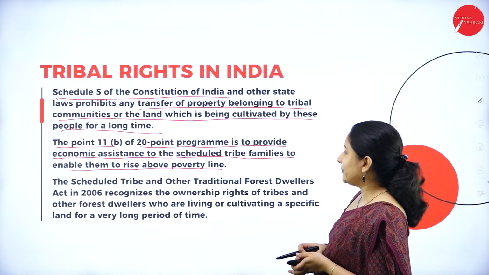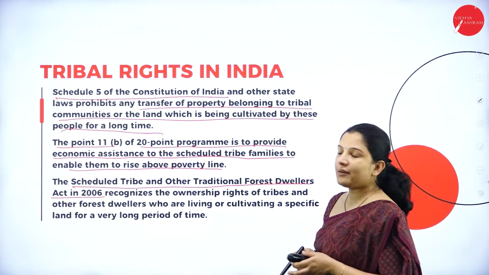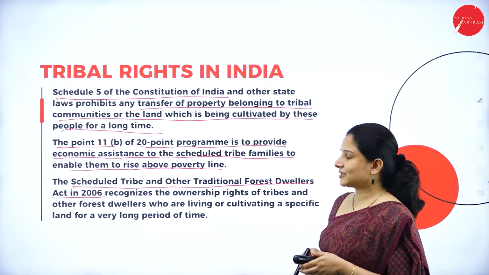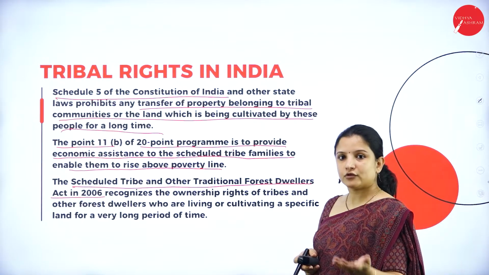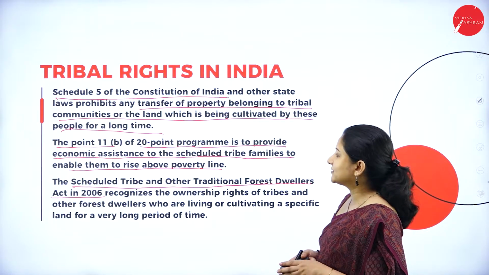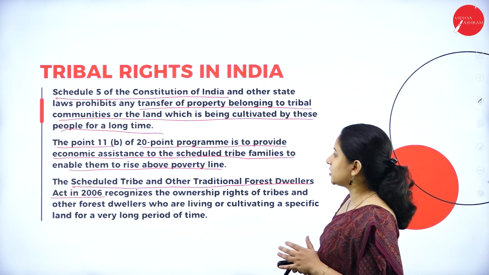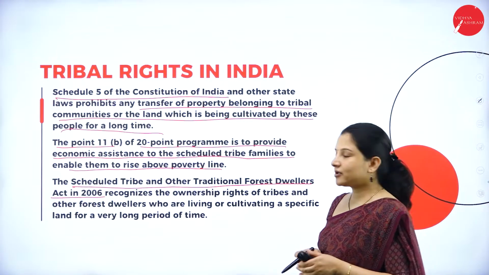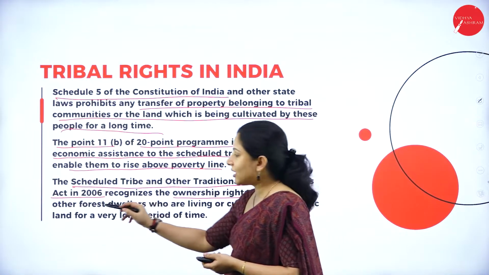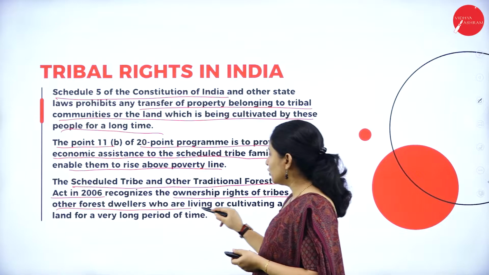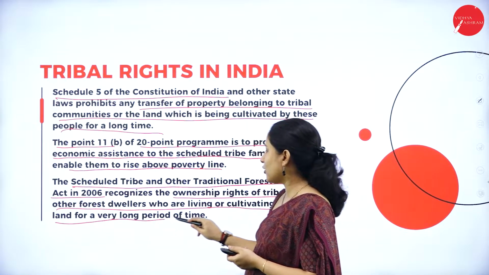And the Scheduled Tribe and Other Traditional Forest Dwellers Act, which came into existence in 2006. So in 2006, there was a law that was actually put forth for the tribal people, which is called the Scheduled Tribe and Other Traditional Forest Dwellers Act, 2006. It recognizes the ownership rights of the tribes and also the other forest dwellers who are living on or cultivating a specific land for a very long period of time.